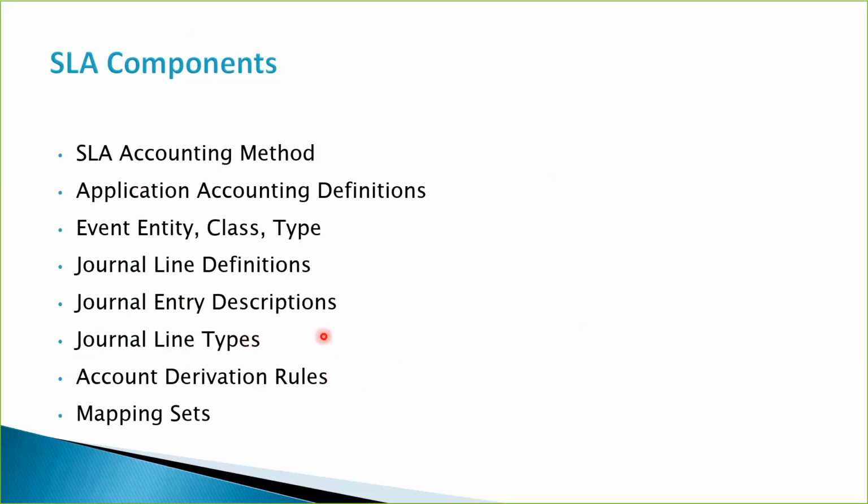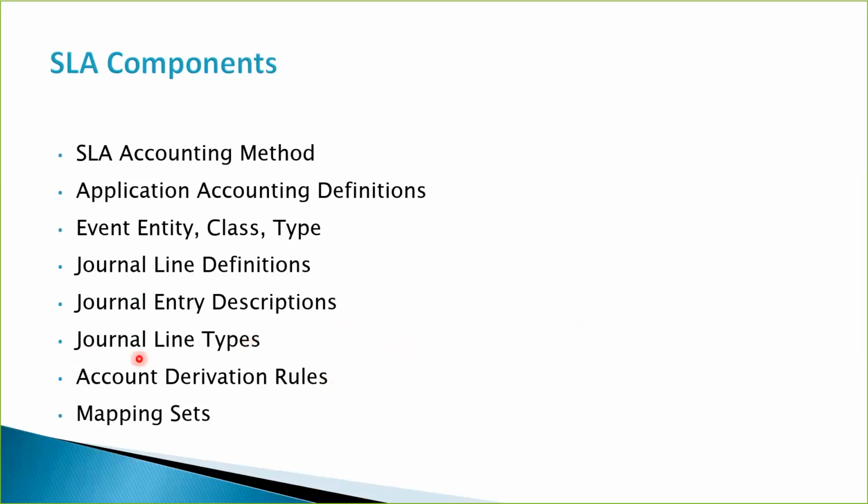And we have seen there are various ways that we can configure the derivation rules logic to obtain those values, either as a whole combination of the accounting flexfield, or as individual values for each segment.